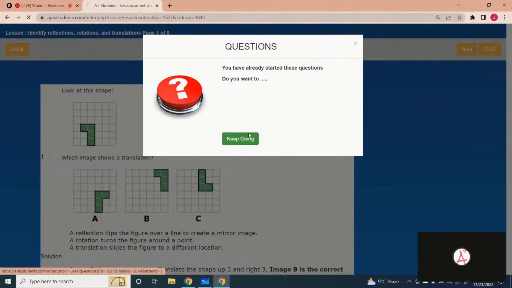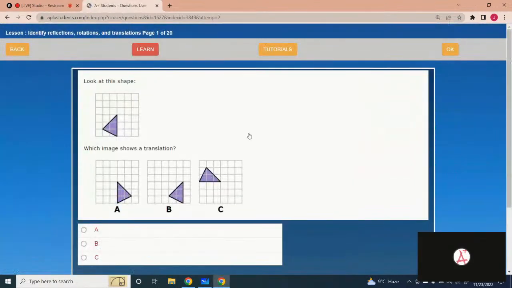Okay, keep going. Look at this shape. Which image shows a translation? You are given three shapes. You need to see which of them is a translation.